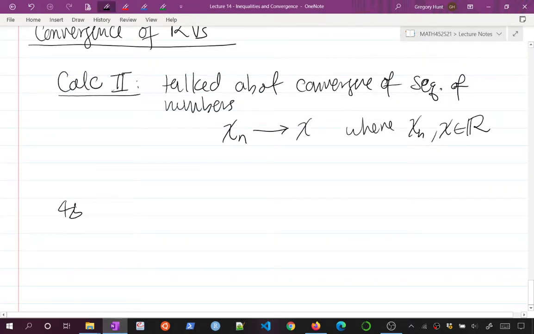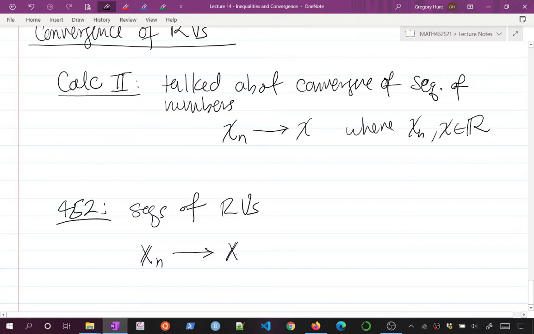In 452, we're going to ramp up the fun here, and we're going to talk now about sequences of random variables and convergence of random variables. So we have some xn that converges to some x. But now, instead of xn and x being real numbers, xn and x are random variables.